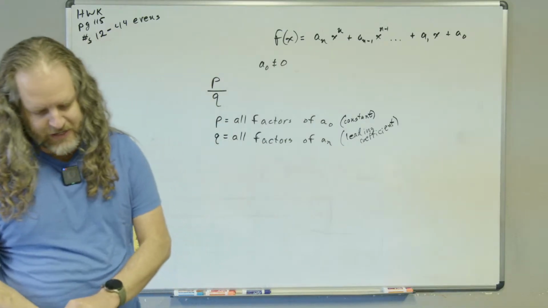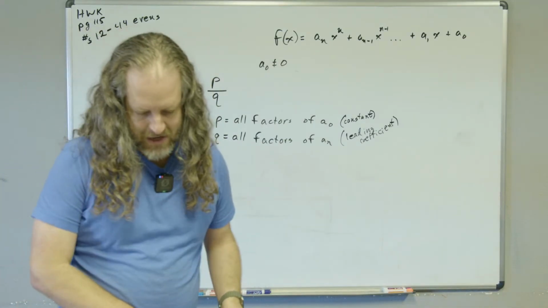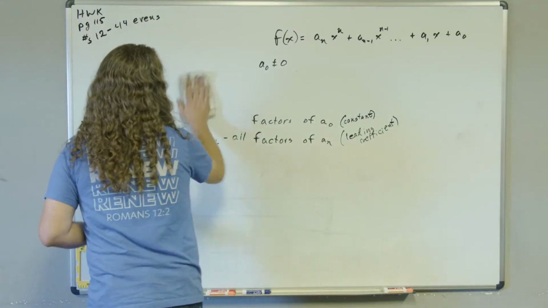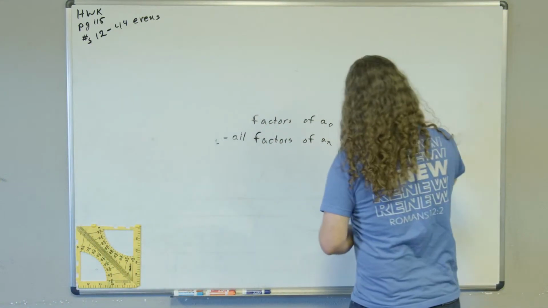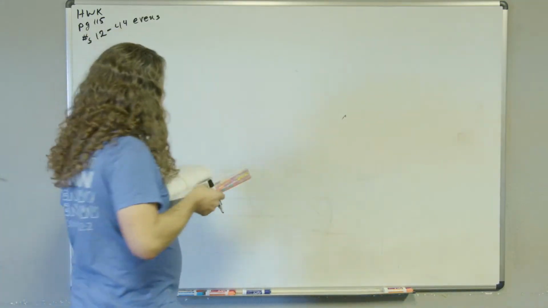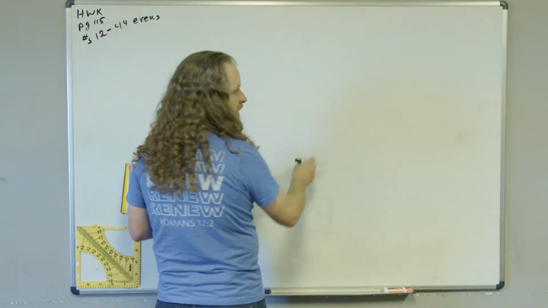So let's do an example. We are going to list all possible rational zeros of, wait, what are rational zeros? Zeros that can be written as a fraction.